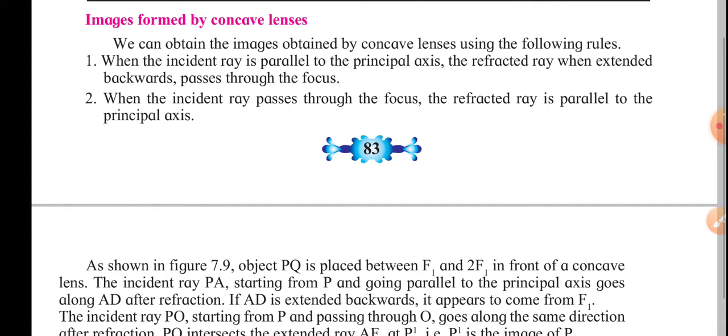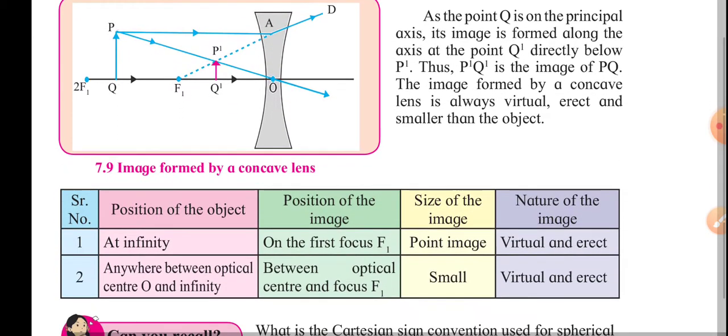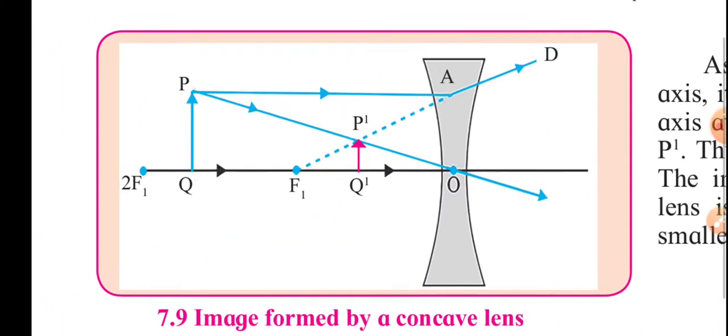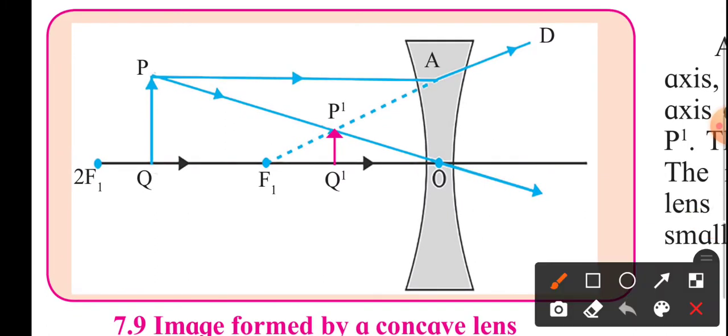Further, when we talk about this particular lens system, you can see the ray diagram shown here. The position of the object is here.